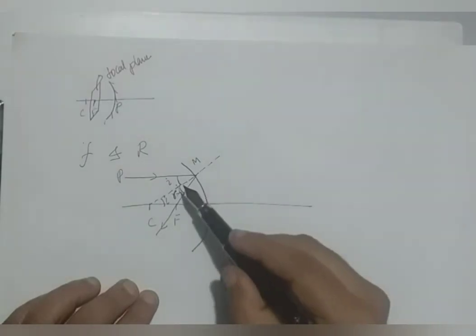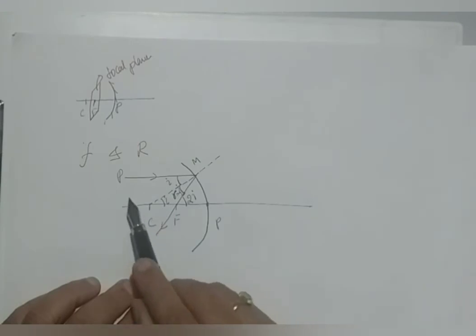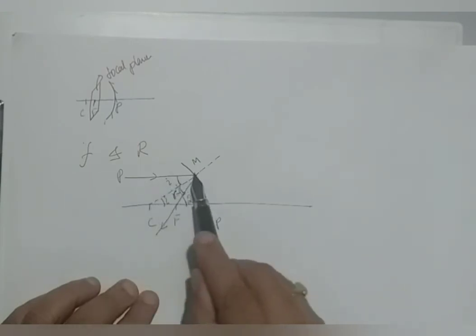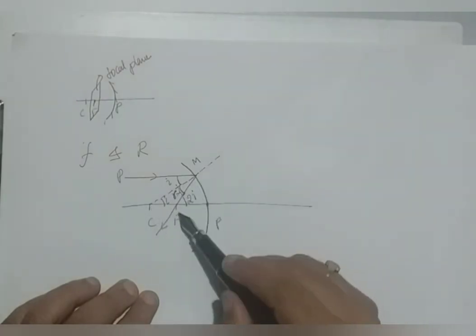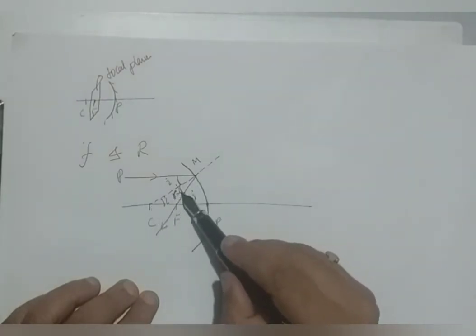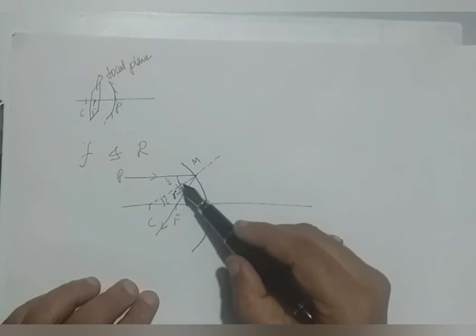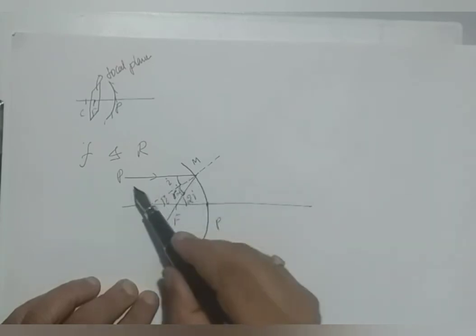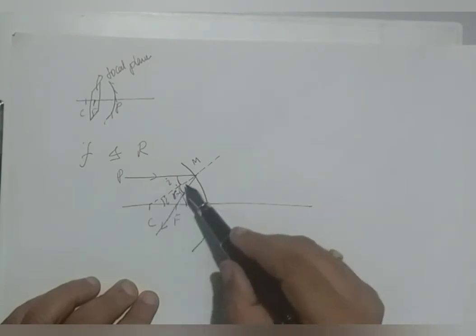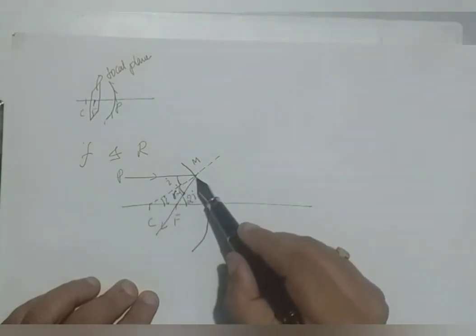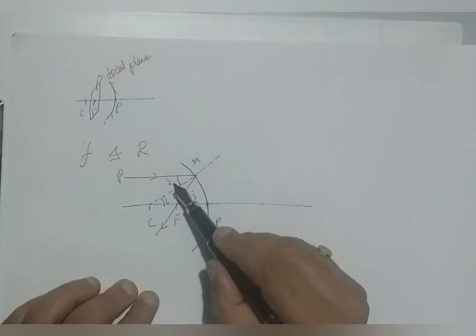Therefore, we have marked two angles. Let me repeat. PMC is the angle of incidence, and CMF is the angle of reflection, which is also the angle of incidence according to the law of reflection. Now PM is parallel to CF. Therefore, this slant line, the normal, creates alternate angles.